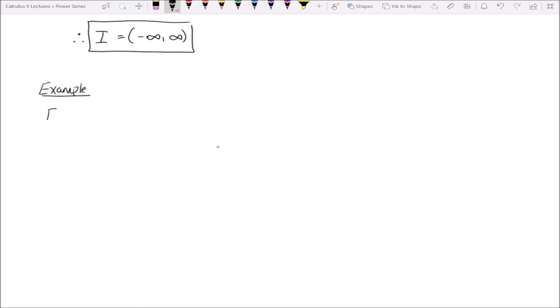Now what we'll do is find a power series expansion for the function f of x equals 1 over 1 minus x squared. In other words, we're going to represent 1 over 1 minus x squared by a power series.